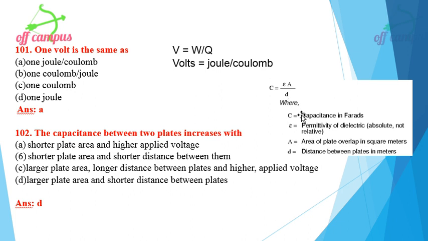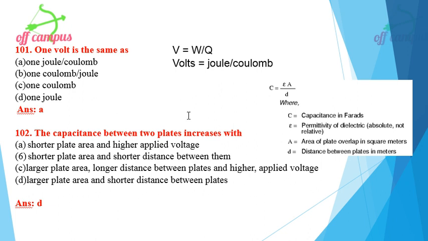Capacitance C equals epsilon A by D, where C is capacitance in farads, epsilon is the permittivity of the dielectric, the absolute permittivity, not the relative permittivity, A is the area of plate overlap in square meters, and D is the distance between plates in meters.